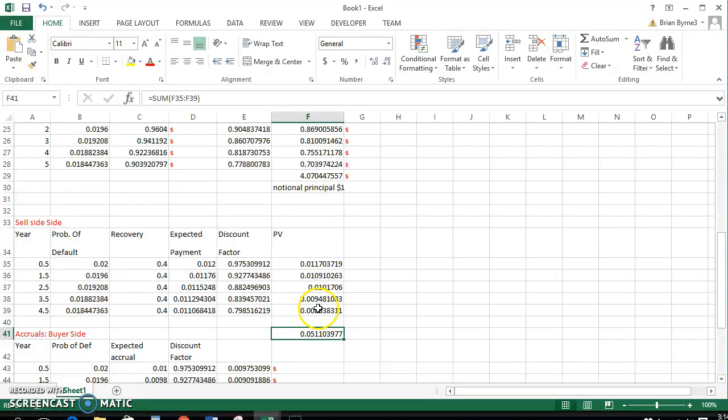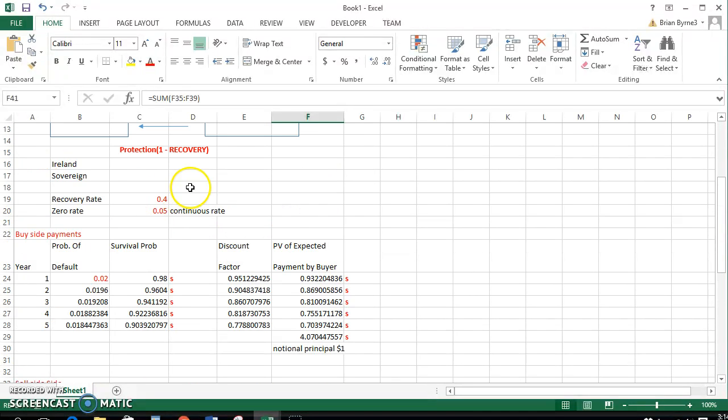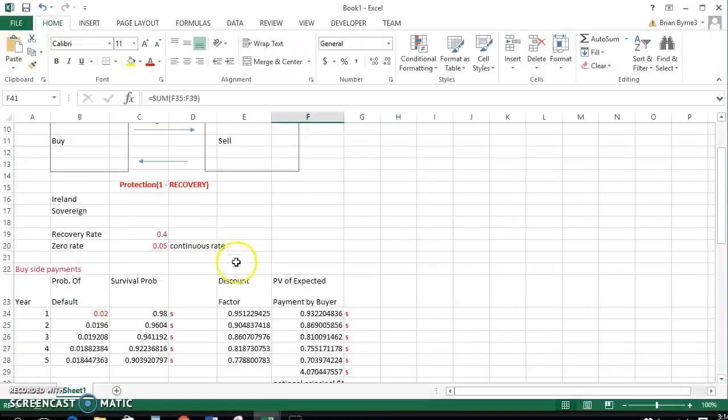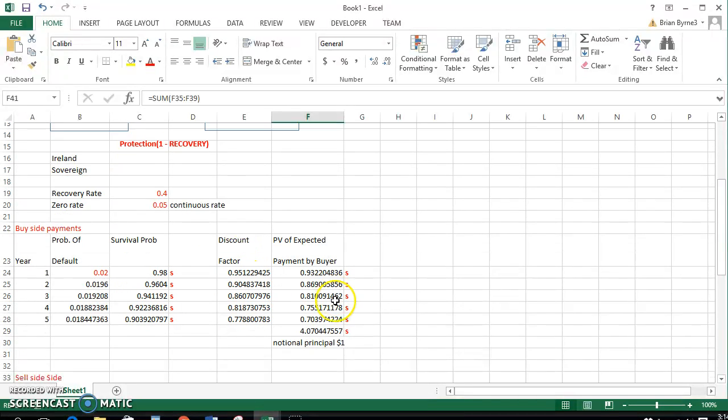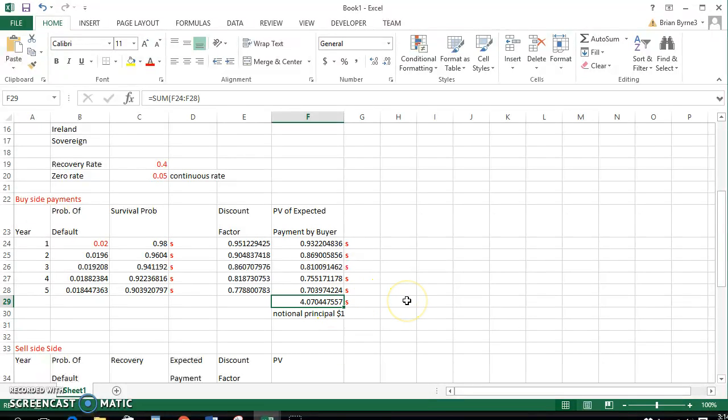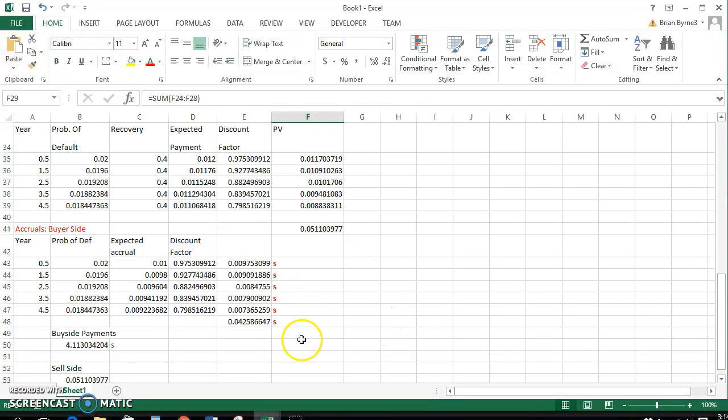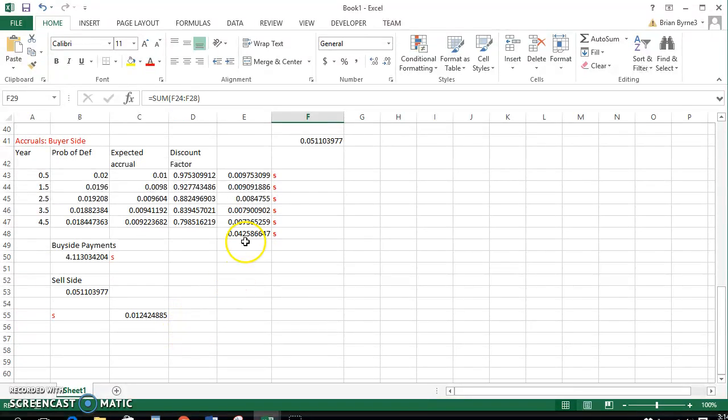or 5.11 cent. And when we adjusted the 5S, they're going to be paid for survivorship and for time value. That's equivalent to the 4.07S and that relatively small number 0.0425 of 1S.